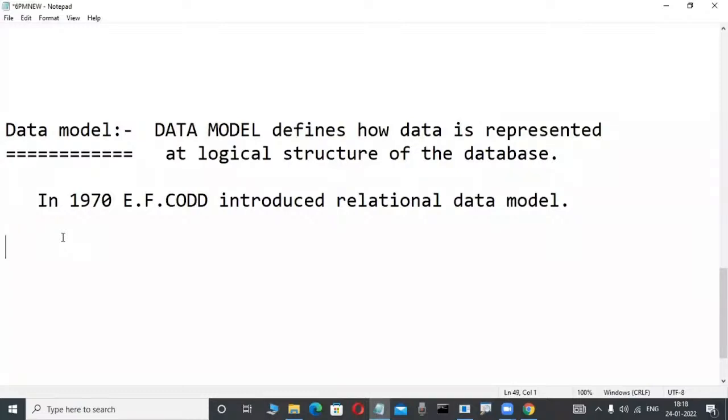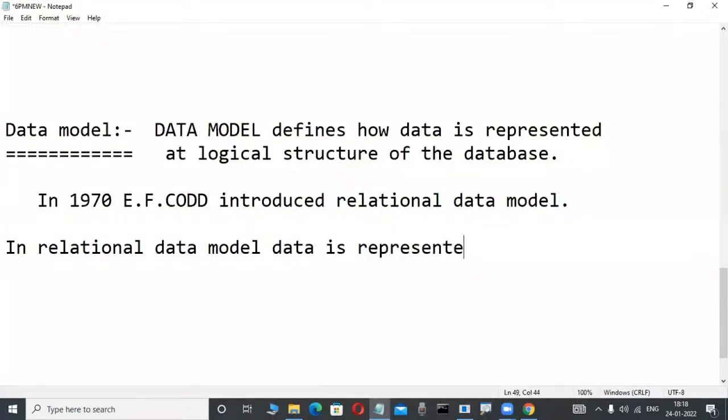Observe it here. In the relational data model, data is represented in two-dimensional tables, in the format of rows and columns.